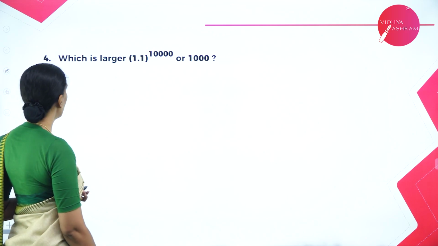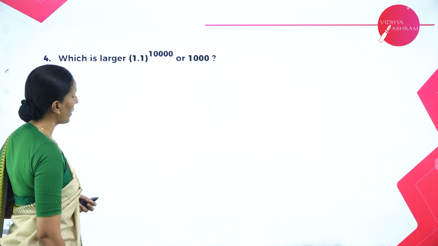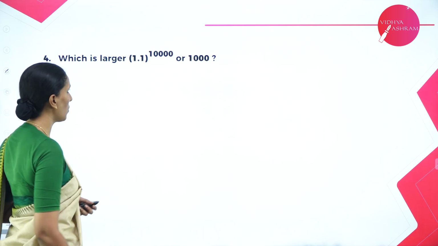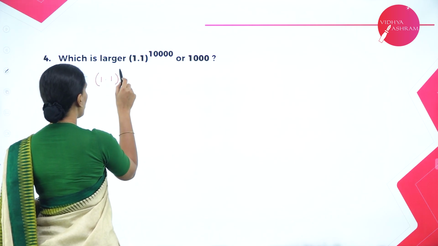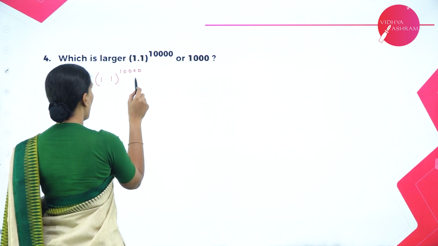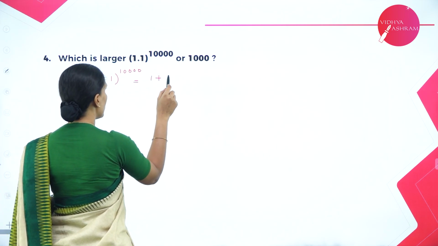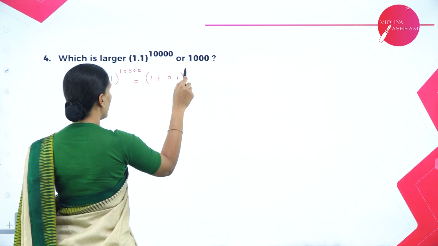So the next one is, which is larger, 1.1 whole to the power 10,000 or 1,000. So let us write this 1.1 whole to the power 10,000 as (1 plus 0.1) to the power 10,000.